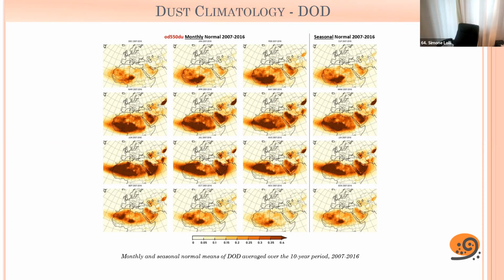DOD seasonal maximum values are found over most of the source and transport regions during summer and spring, while minimum monthly values are found from November to December. In general, we can say that the temporal and spatial distribution of the DOD is in good agreement with the meteorological conditions prevailing in these regions each season of the year, like for example the seasonal variability of the intertropical convergence zone over Africa.